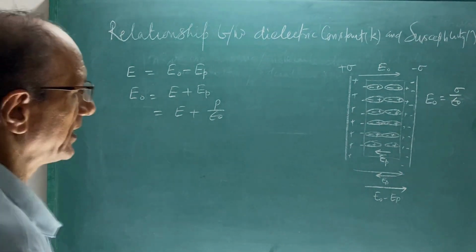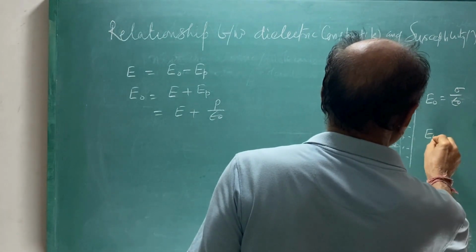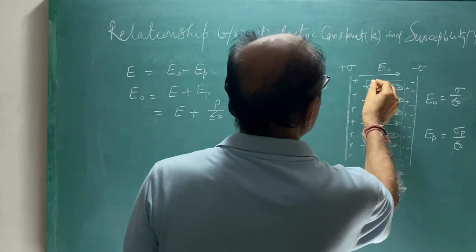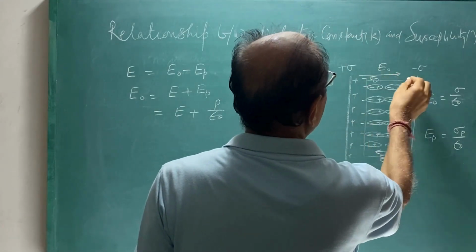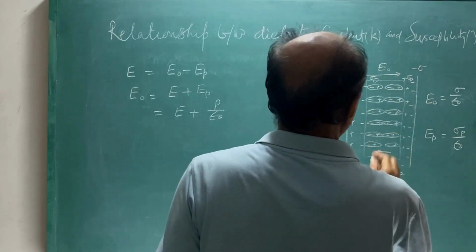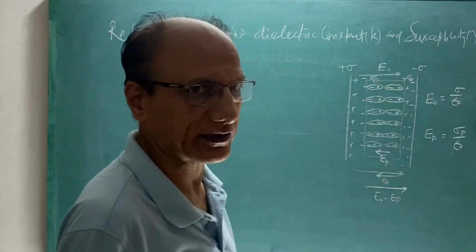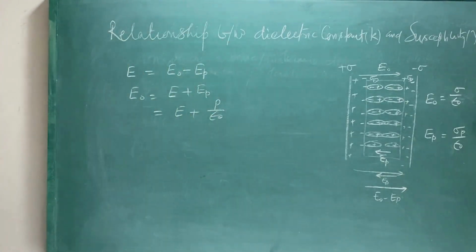Or you can say this EP will be equal to sigma P upon epsilon naught. So here it is minus sigma P and here it is plus sigma P. Now sigma P is P. I'll explain this later.